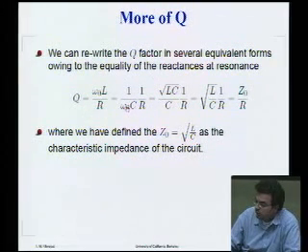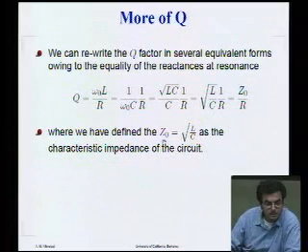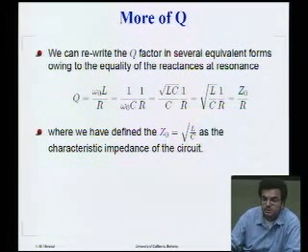But I also know that omega naught is simply 1 over square root of LC, so I can substitute that in here, and I come up with an expression which is that the quality factor is square root of L over C divided by R. And we usually call this square root of L over C the Z naught, or the characteristic impedance of the circuit.